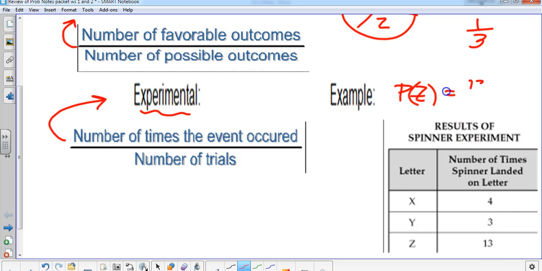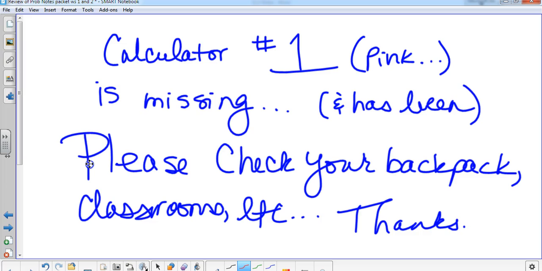Yes, 13 out of 20, I think. Okay? Do you understand the difference, guys? If it's going to be experimental, they have to basically give you the information you need about some kind of experiment.